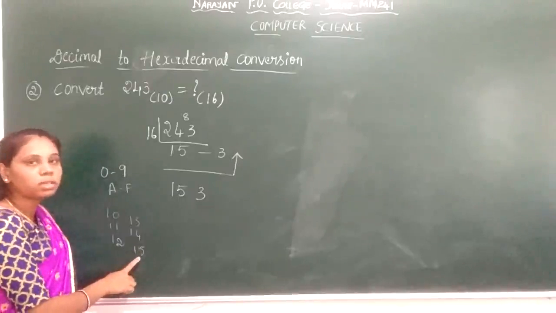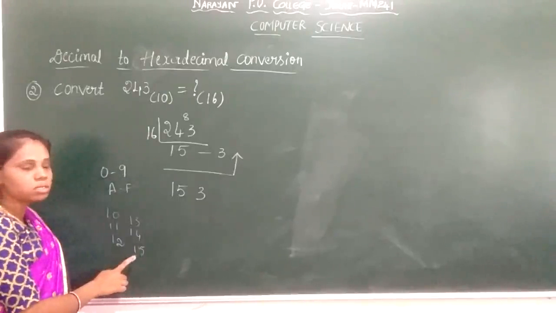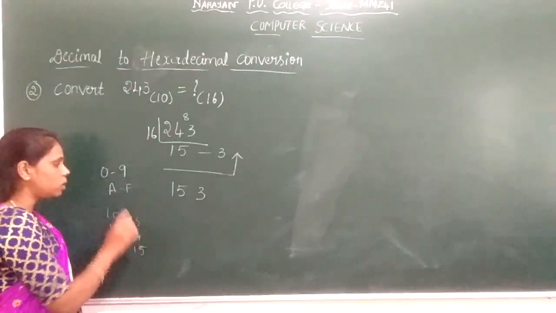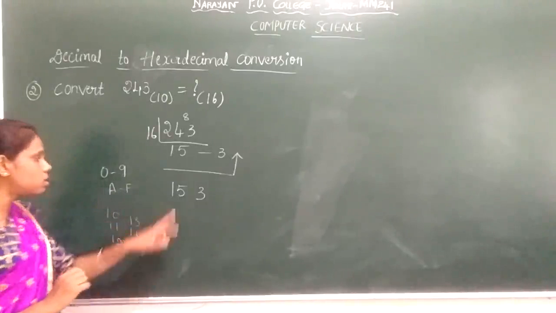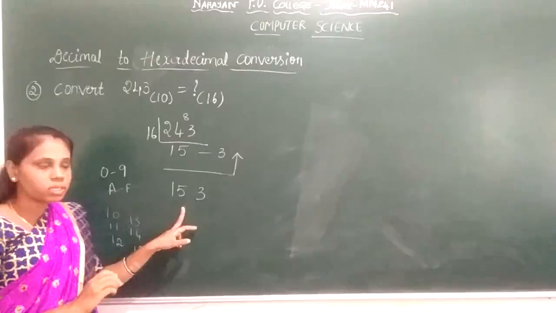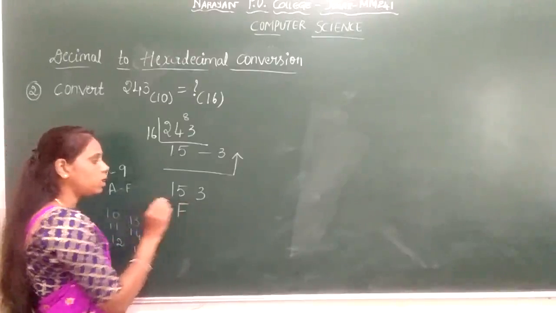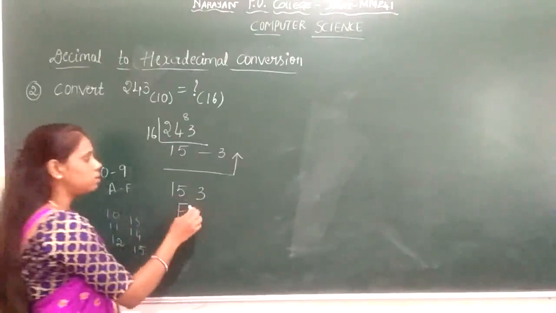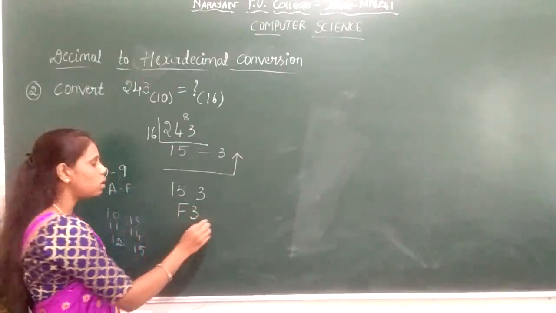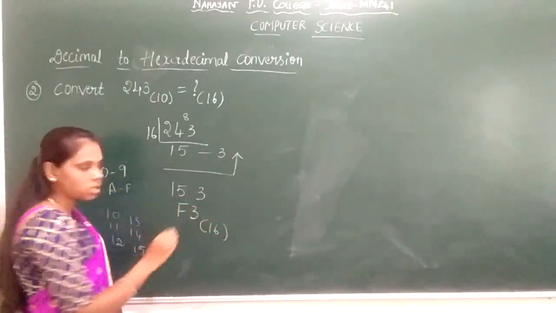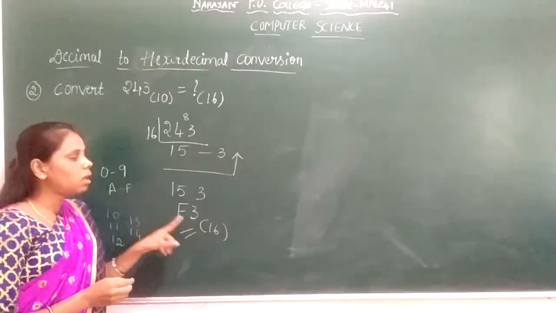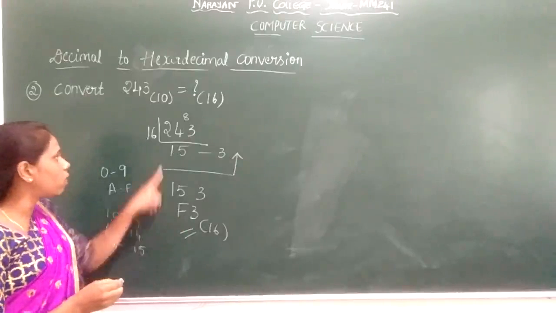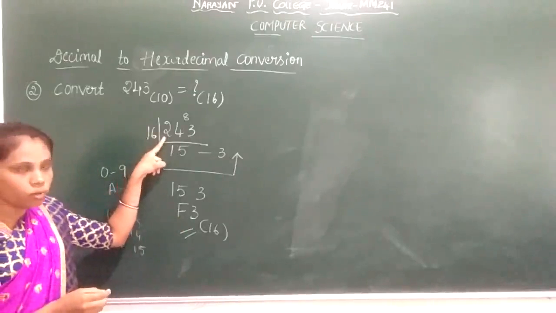You need to write the alphabetical representation of this digit. 15 represents F, and 3 as it is. So the base value is 16. Now F3 is the hexadecimal equivalent value for your decimal value 243.